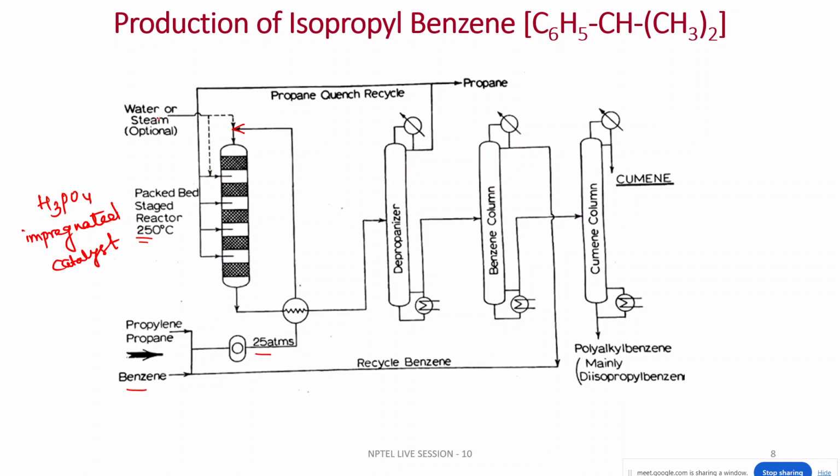To maintain the temperature, water or steam is used in the reactor. So as a product from the packed bed column, the product is taken to the first depropanizer.